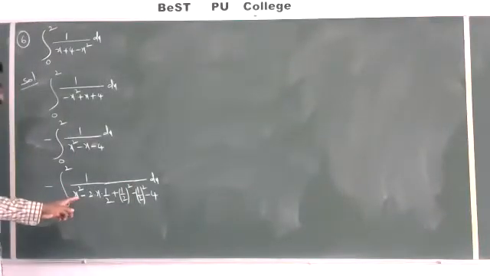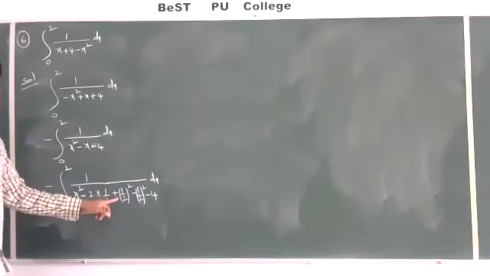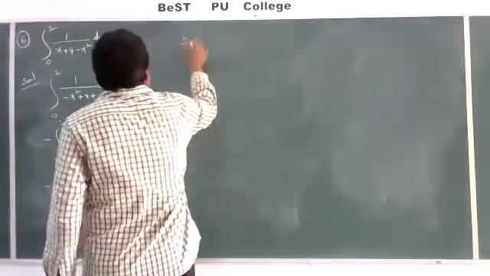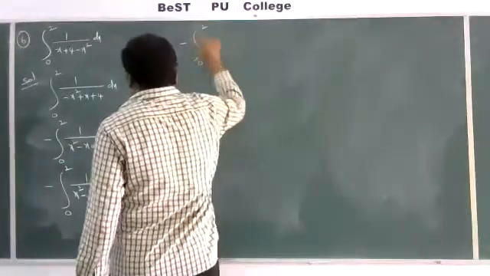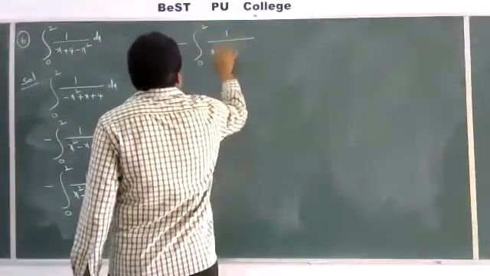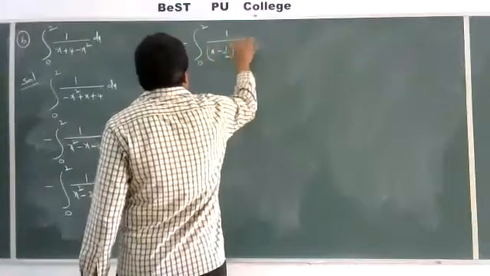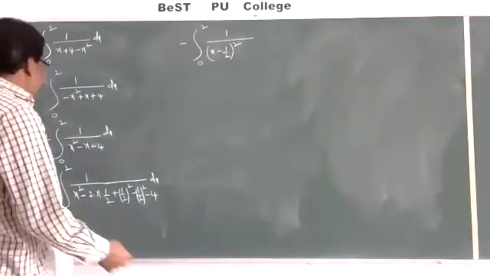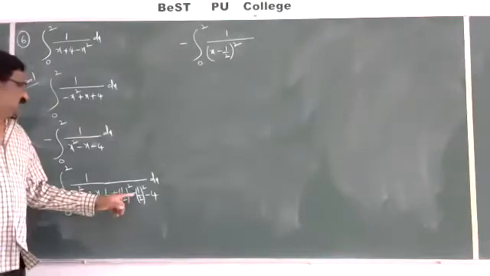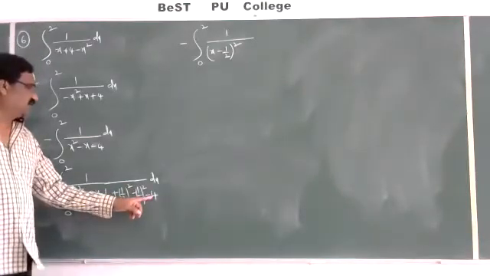So here a square minus 2ab plus b square is a minus b whole square, that is minus integral 0 to 2, 1 by x minus 1 by 2 whole square, this is minus 1 by 4 minus 4.